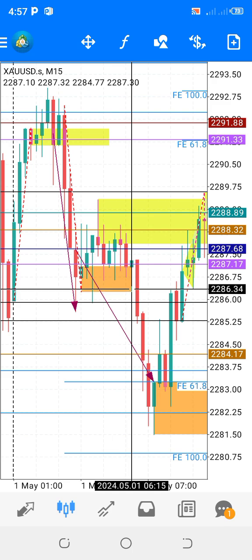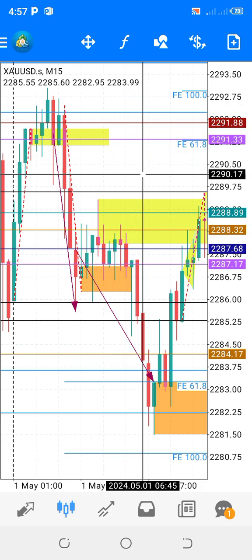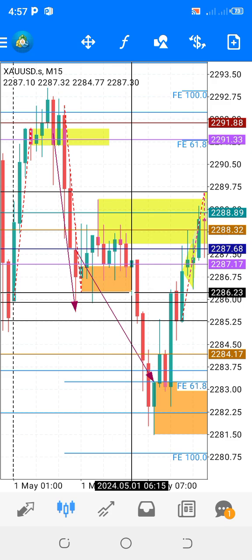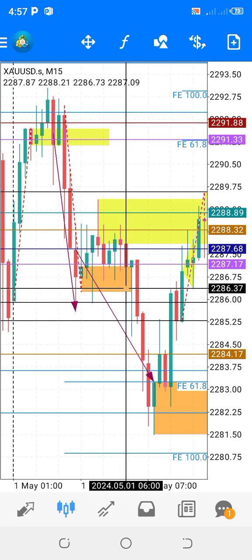Okay, activates the correction entry, but what happened? The market does partial correction, fails to continue the correction, and then returning backward, it breaks the limit, which in this case is just 10 pips SL. We are always using 10 pips SL for correction entries.